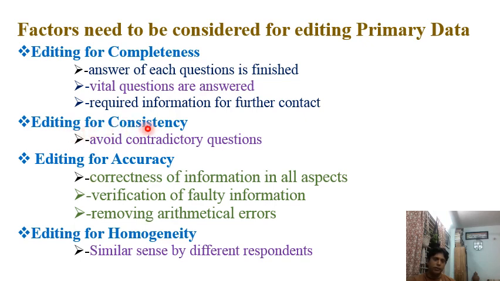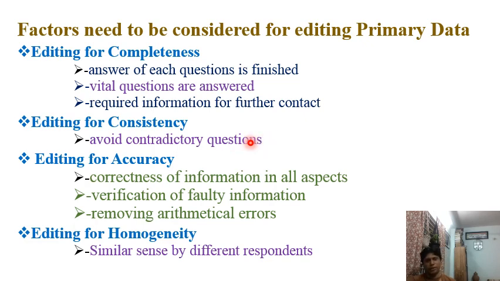And what is editing for consistency? Consistency means continuity. Avoid contradictory questions. In a questionnaire, we must avoid contradictory questions. Contradictory question means two questions may contradict each other. If we ask people whether they are married, and then ask another question, how many children do you have?